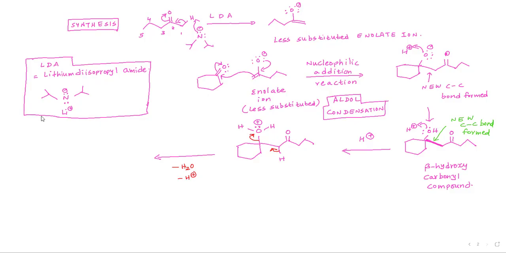Now that leads to the formation of the alpha beta unsaturated carbonyl compound, the required alpha beta unsaturated carbonyl compound. So we have got the target molecule. Over. The synthesis is over.